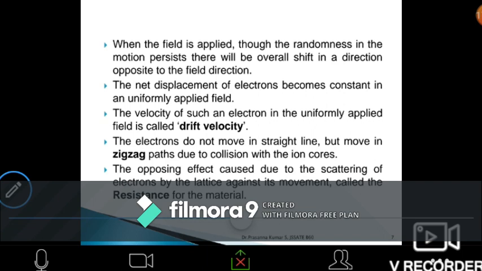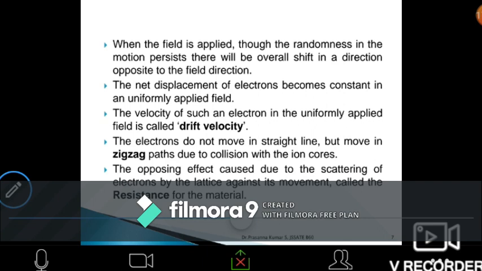So the net displacement of electrons now becomes a constant value. The net velocity of the electrons now gains a positive value. And if you maintain a constant potential outside, you expect the electrons to gain a constant velocity. This velocity of the electron in a uniformly or constantly applied field is called the drift velocity.